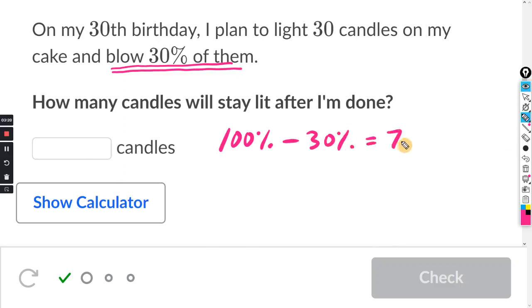So that means you have 70% left. Okay, and that's what they're asking. How many candles will stay lit? So 70% of the original. So we're going to do 70% of 30.